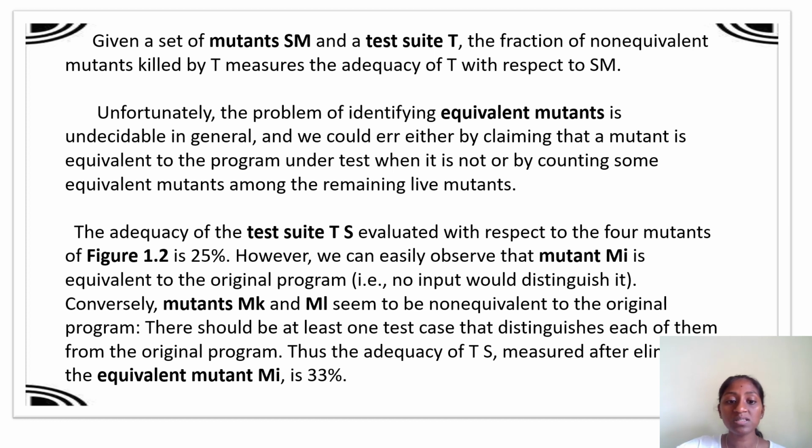Conversely, mutants MK and MJ seem to be non-equivalent to the original program. There should be at least one test case that distinguishes each of them from the original program. Thus, the adequacy of TS measured after elimination of the equivalent mutant MI is 33%.